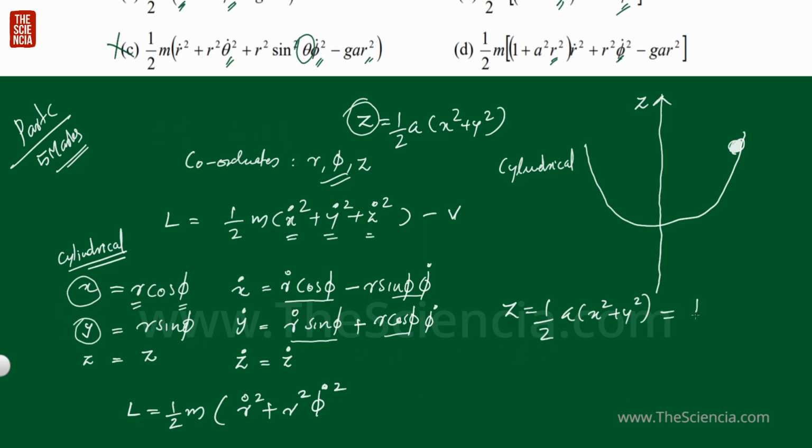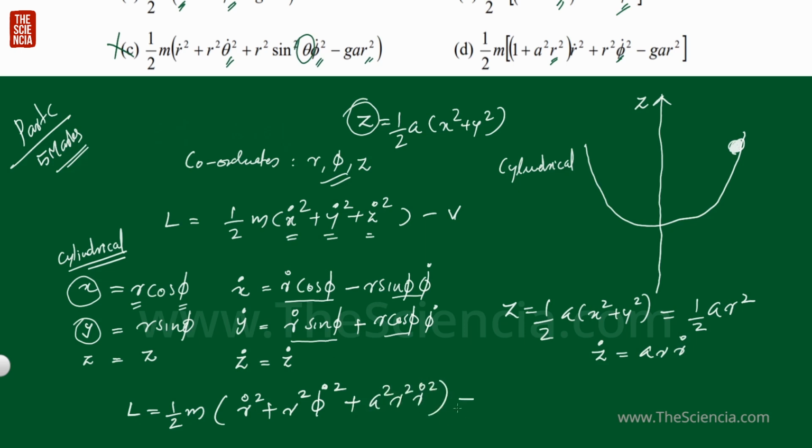This is equal to 1 by 2 a r square. Okay, and take the derivative of this function. So what do you get? z dot will be equal to a r r dot. So z dot square will be equal to a square r square r dot square.